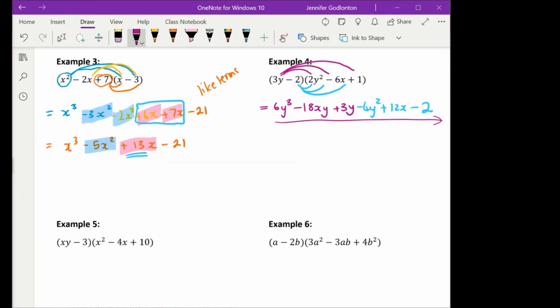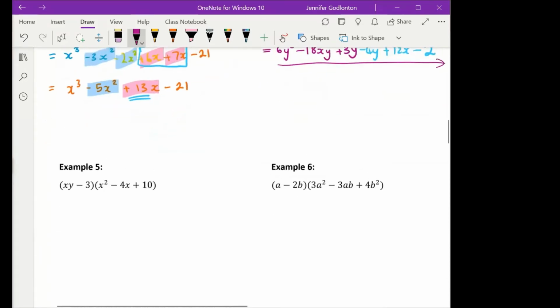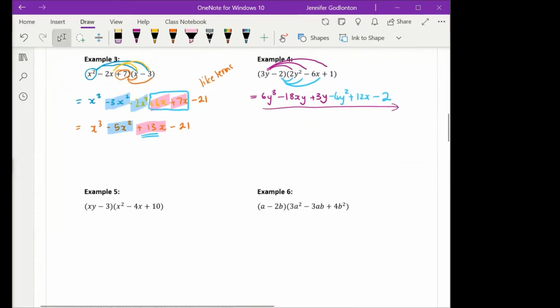Okay. Take it away with example 5. Yes, ma'am. I multiplied everything into the bracket, and I got x cubed y. Nice. Minus 4x squared y. Look at that exponent work. Good.